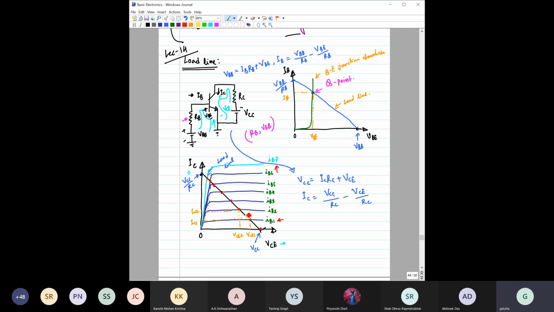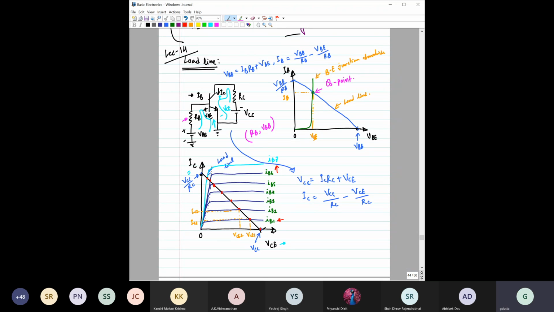So this is the concept of Q point from this load line, and you can see it is quite easy to visualize how IC and V of CE would change with change in the other parameters of the device, like the base current. This load line is generally used for visualization, to see how the other parameters would change when we change one or two parameters simultaneously.